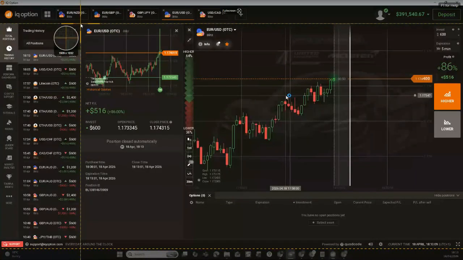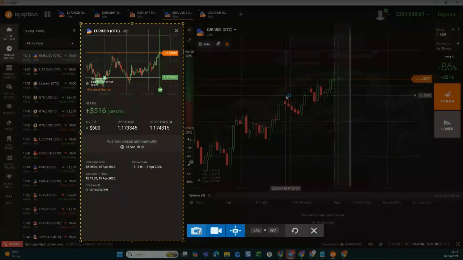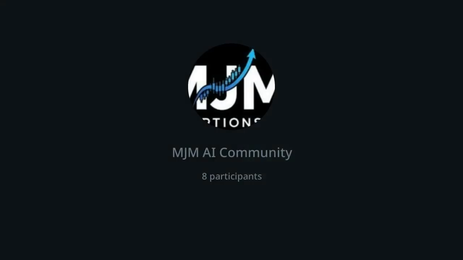So we just sealed another profit. I hope you guys did too. For those of us who took this signal with me, make sure you post your results. Exactly as I was expecting. $516 made on the Euro USD 50 signal.